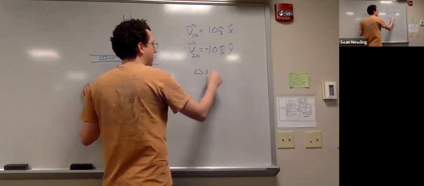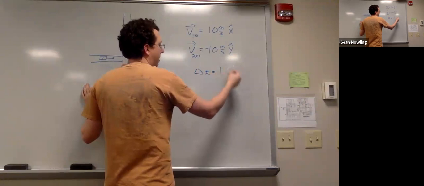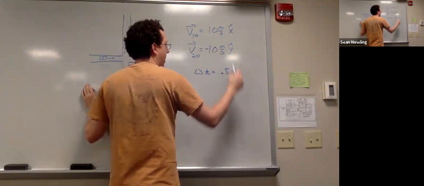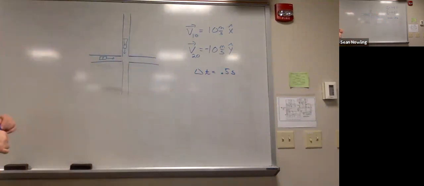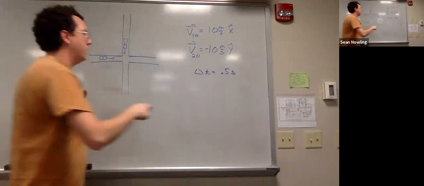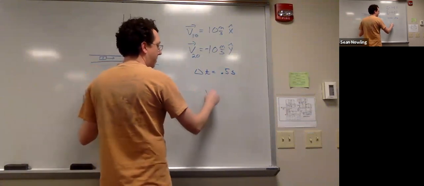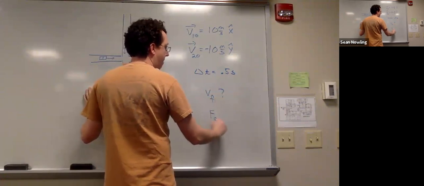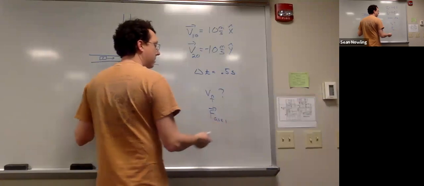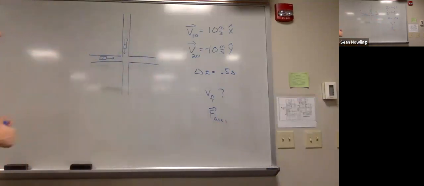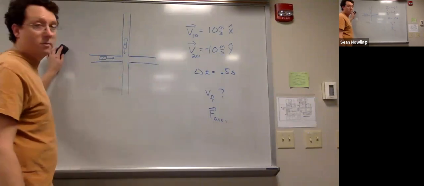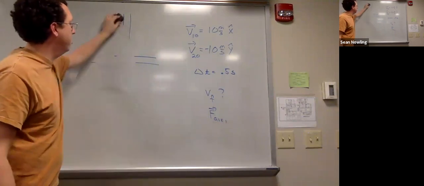Let's say delta t for the collision is half a second. I have no idea, but let's just assume that the collision takes place over half a second. And so we want V final of the pair, and I want to know the average force on car 1 during the collision. Those are the things I would like to have. Okay, is everyone clear? I'm going to erase the picture so I have more room.